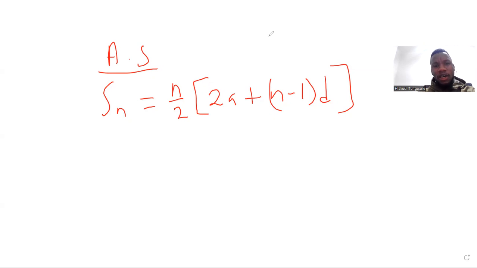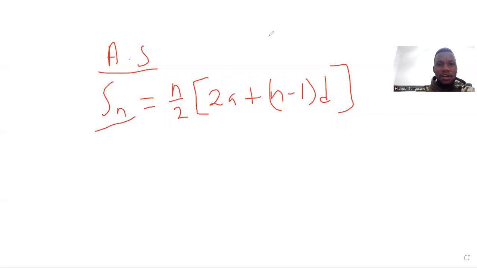I will quickly show you an example of how this formula applies. Essentially this Sn means sum of n terms, so determining the sum of the first n terms in a sequence. It's important to note that it's the sum of the first n terms, not just any terms.